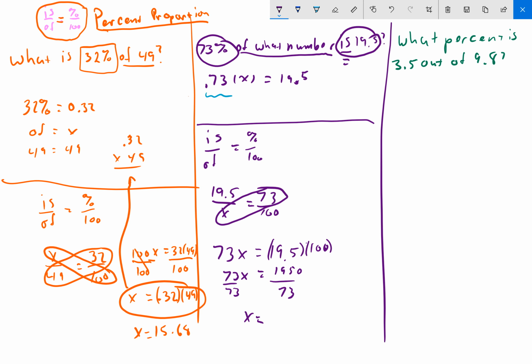X is approximately 26.7. Why is my pen not working now? Oh no. Oh, there we go. X is approximately 26.7.